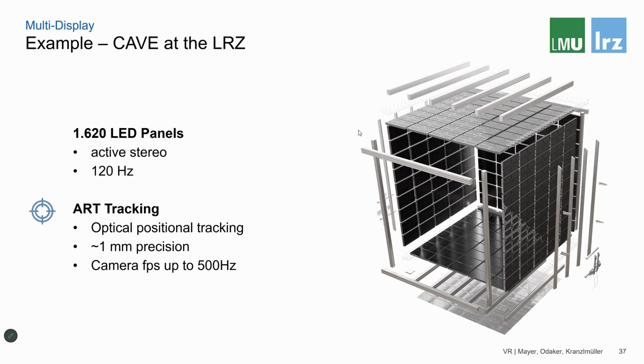Mounted onto this subframe are the LED cabinets. A cabinet is a housing for LED displays, and within a cabinet you have a power supply, you have a hub board which just connects everything, and onto the front of the cabinet you clip the LED panels, which are the actual screens and completely borderless.